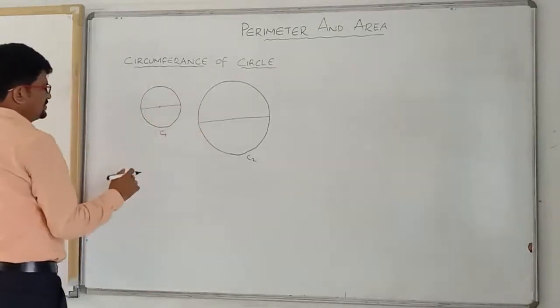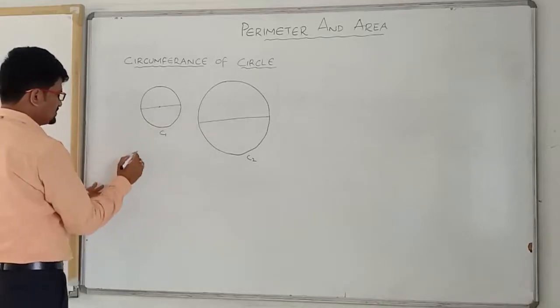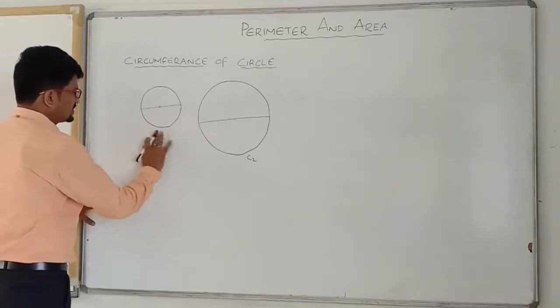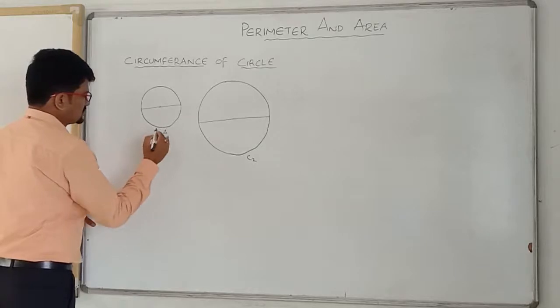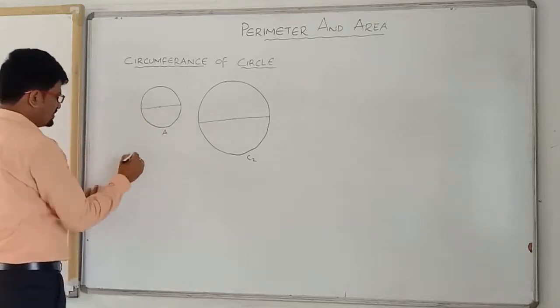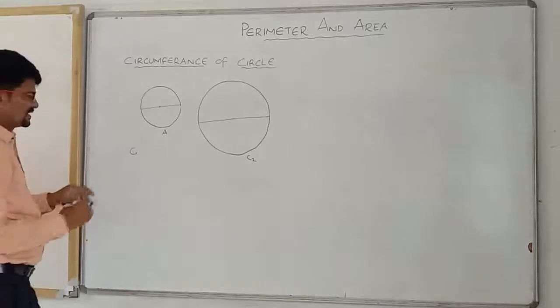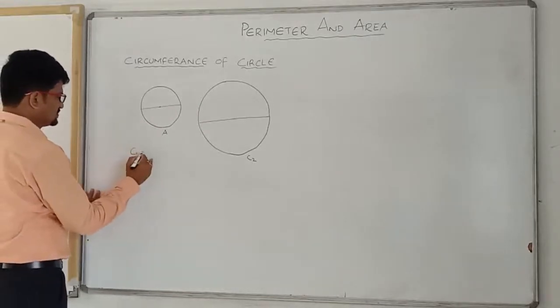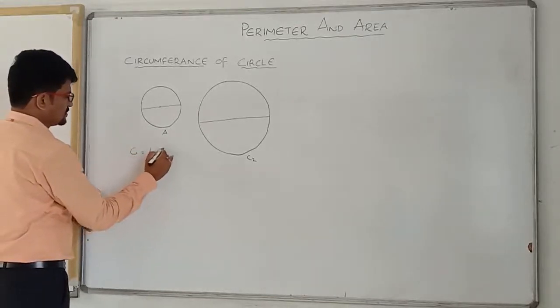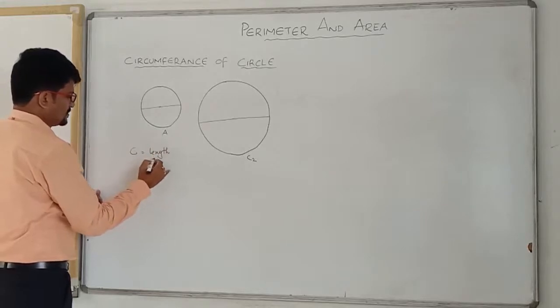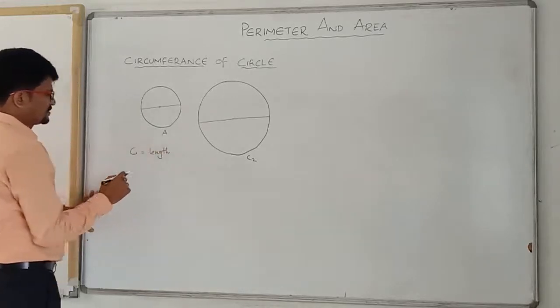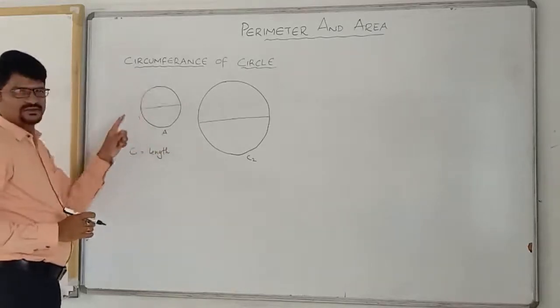Let it be circle A. This is the circumference, that is C. The length of the circle is the length of this one.